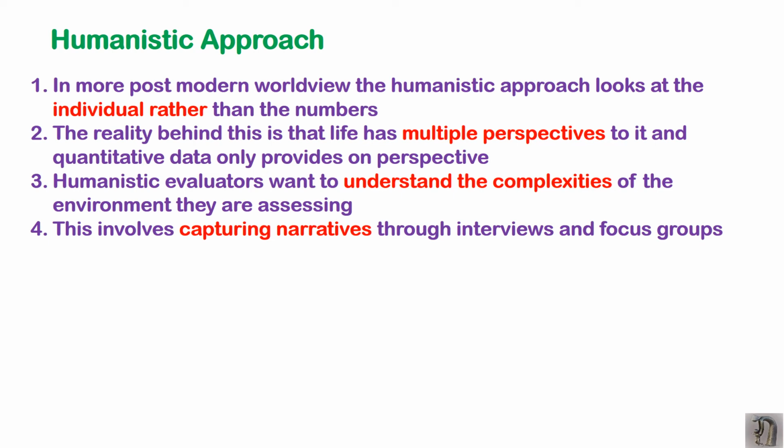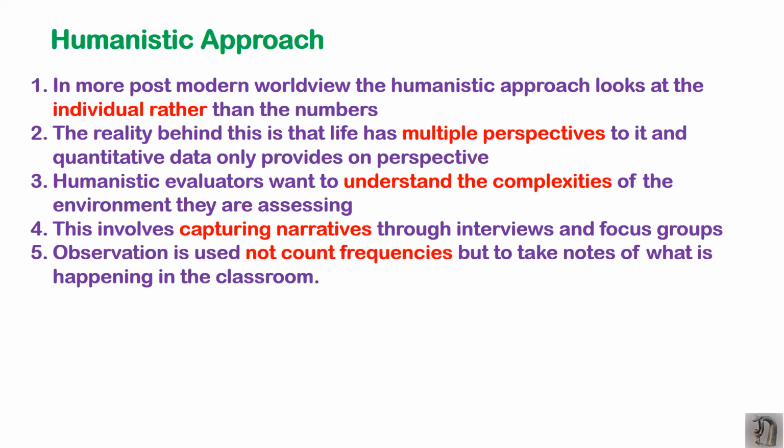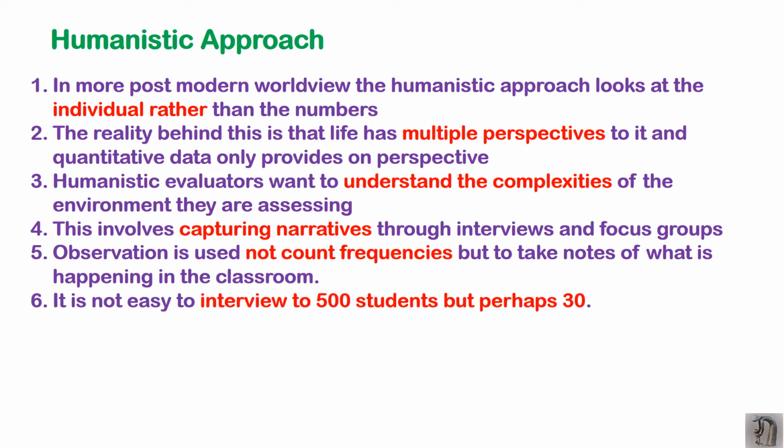So this involves capturing the narrative through interviews and focus groups. Moreover, they capture the narrative rather than numbers. Observation is used not to count the frequency but to take note of what is happening in the classroom.